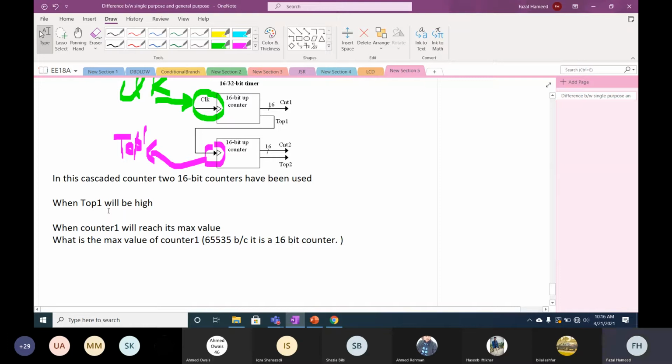If it is an n-bit counter, the maximum count is 2 to the power n minus 1. In this case n is 16, so that's the reason.